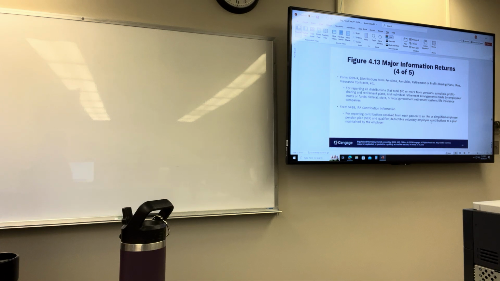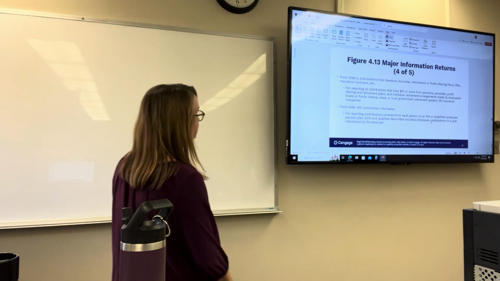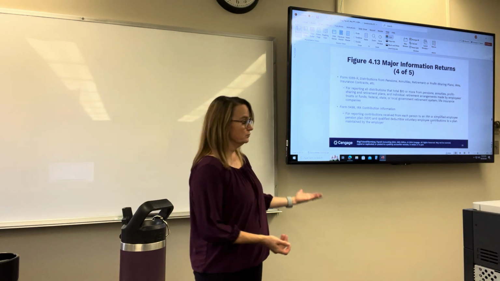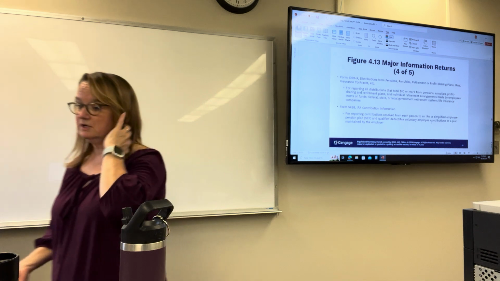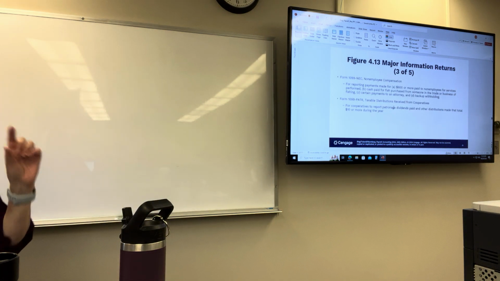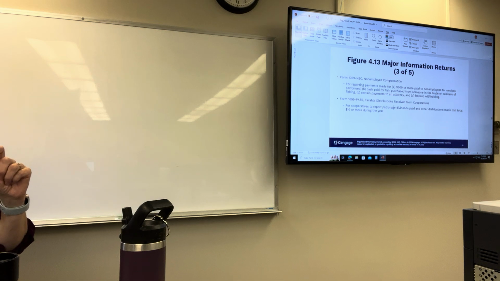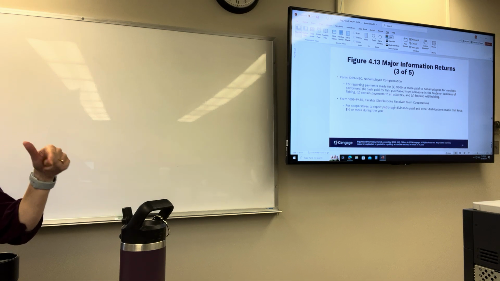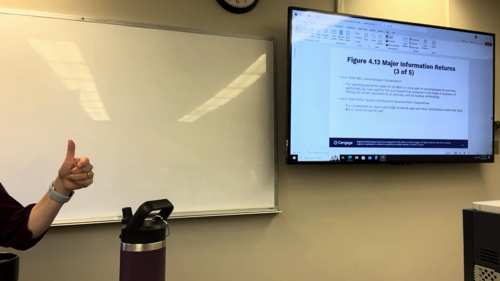1099-R, this is for distributions from pensions, annuities, retirement plans. Again, if $10 or more has been paid, then it requires the submission of the 1099-R. Now the 1099-NEC, the threshold is different. It's $600 or more. This is for the payor, the entity that's made the payment.